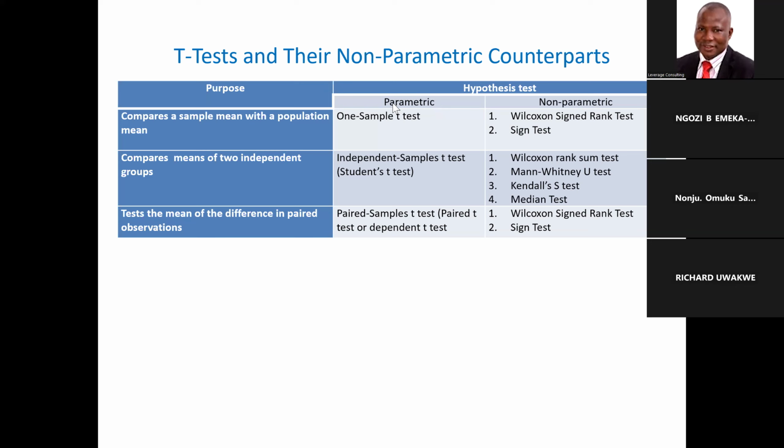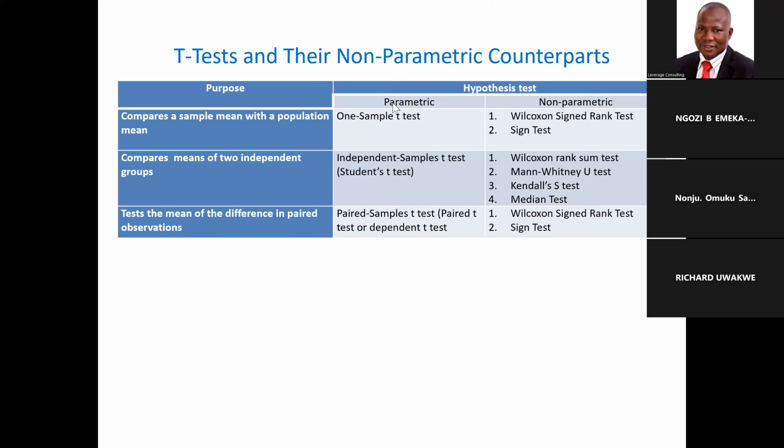Those are used instead of the one sample t-test. Then, when you compare means of two independent groups, that's the independent sample t-test, the second one we looked at yesterday. The non-parametric counterparts are the Wilcoxon rank sum test, Mann-Whitney U test, Kendall's test, and median test.